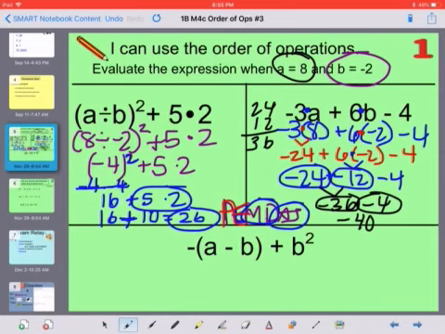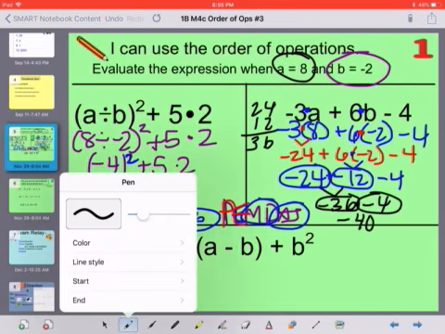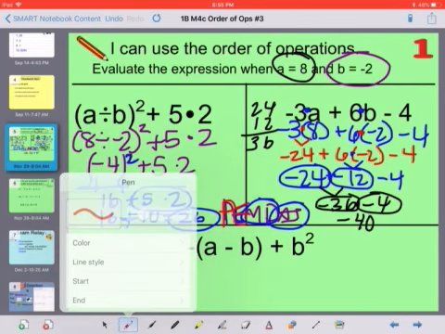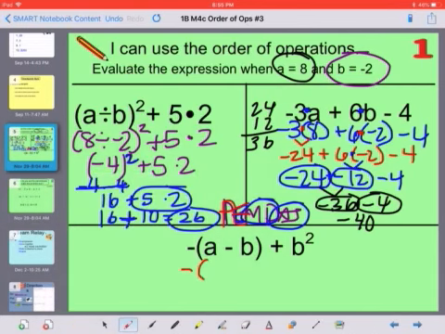All right, the third one here, again, be careful with your negatives. We're going to start by writing a negative, and then we have A, which is 8, minus, that comes from here, B, which is -2. Remember, the opposite of that negative makes a positive. And then we have plus B squared.